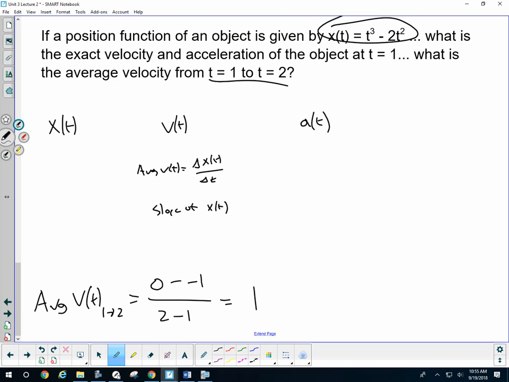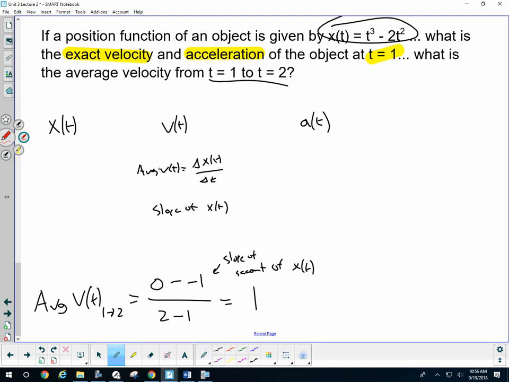Okay, good. Notice I use slope. If I want to find an average velocity, I just use the slope of the secant line of position. Slope of secant. But what if I want to find the exact velocity and the exact acceleration of the object at t equals 1?